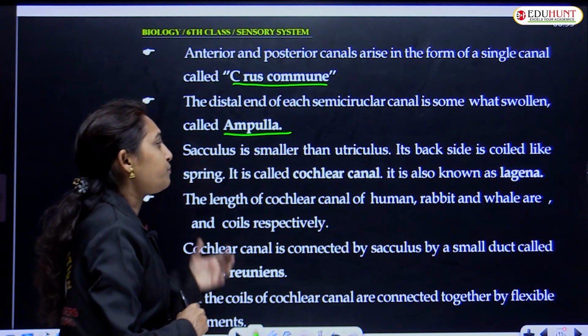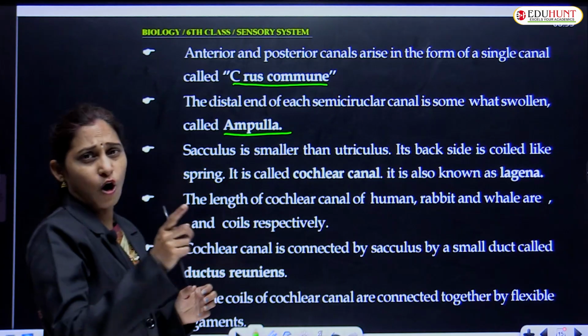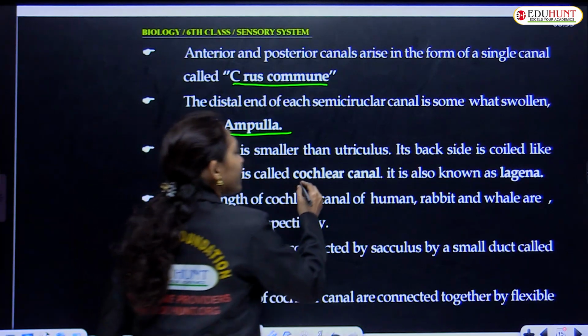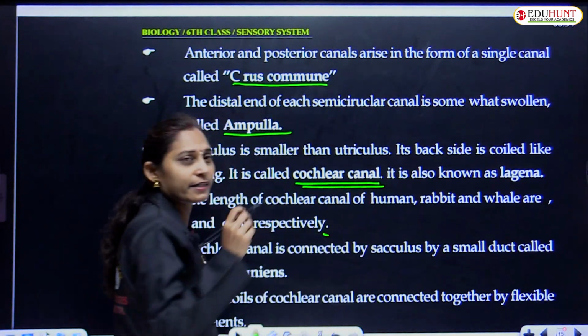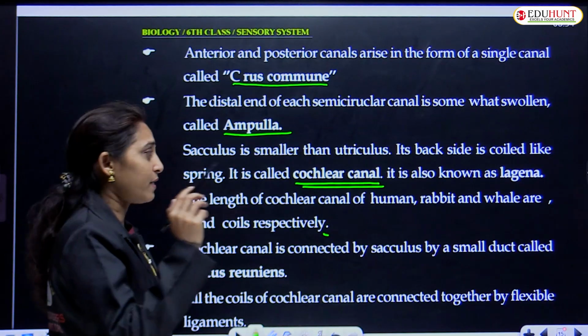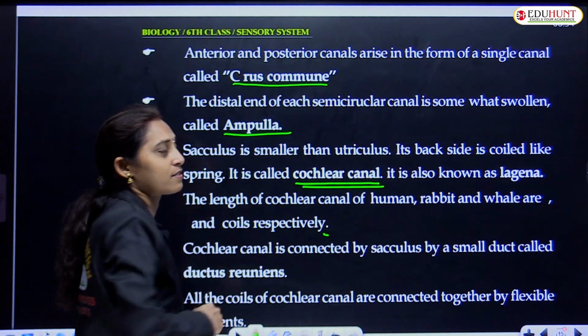And the sacculus is smaller. As I said, its back side is coiled like a spring. It is called the cochlear canal. The cochlear canal is the spring-like coiled structure present in the sacculus.